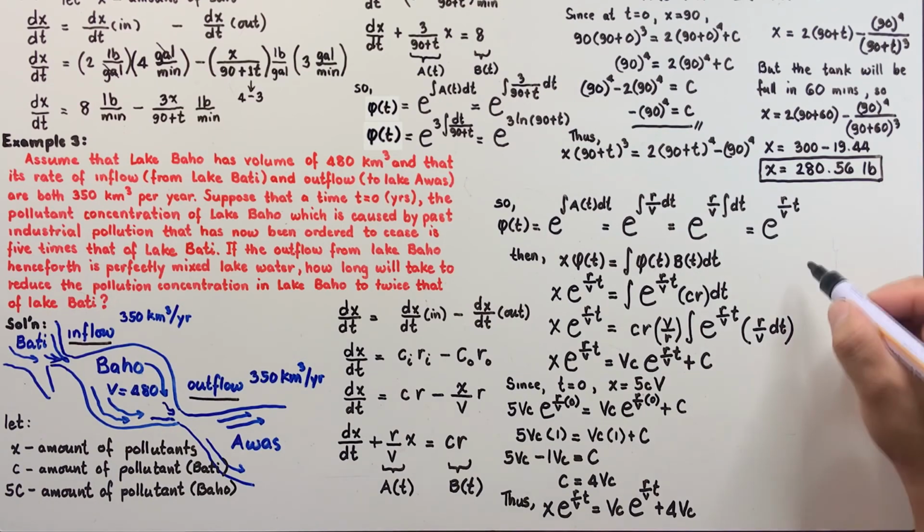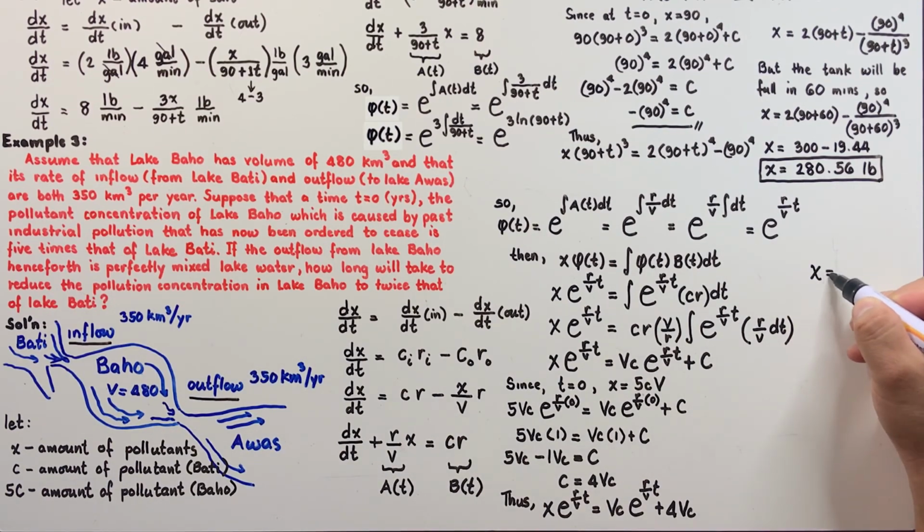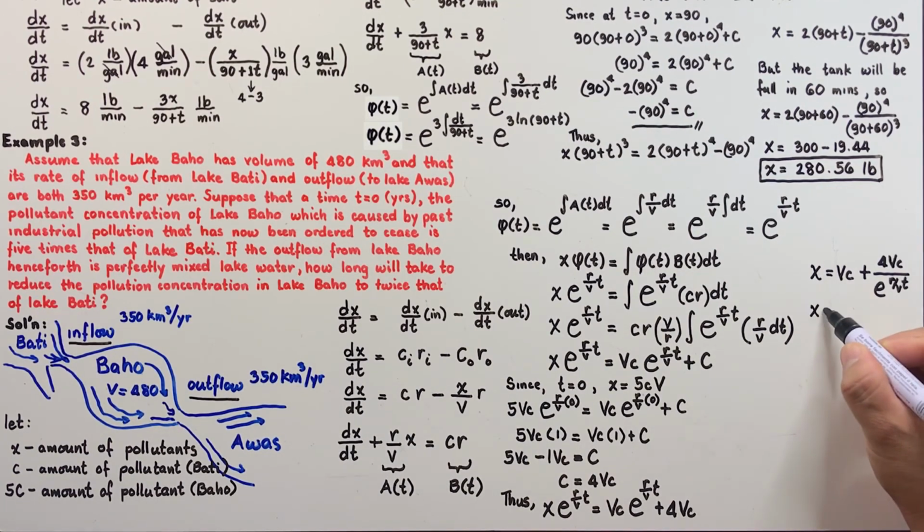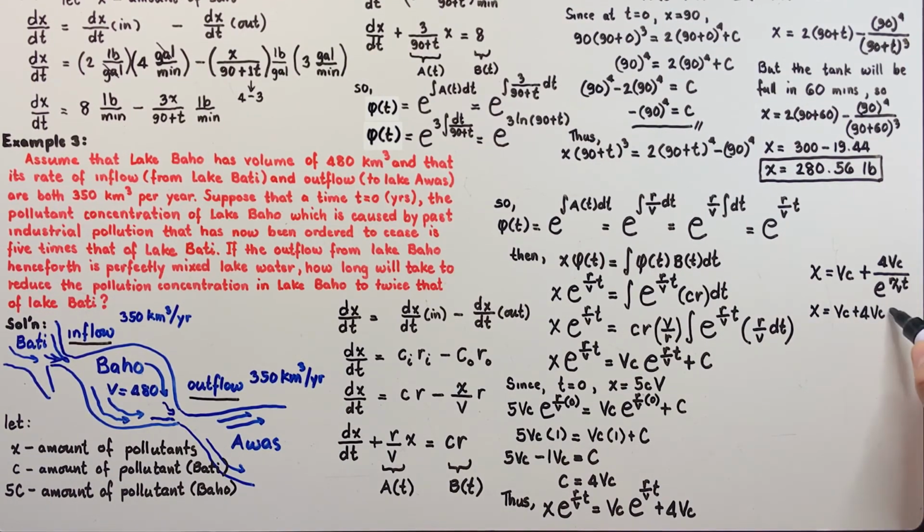So we have x, which is equal to vc plus 4vc over e to the power r over v t. Or you may write this one as x, which is equal to vc plus 4vc times e to the power negative r over v t.